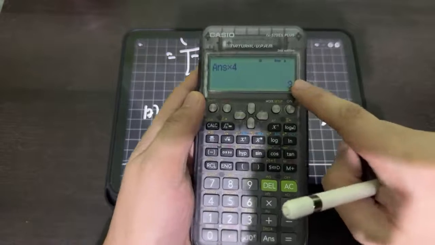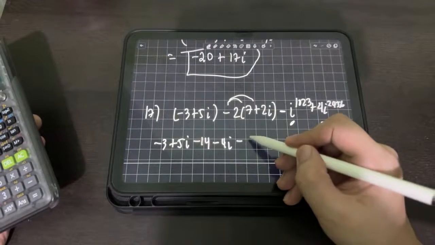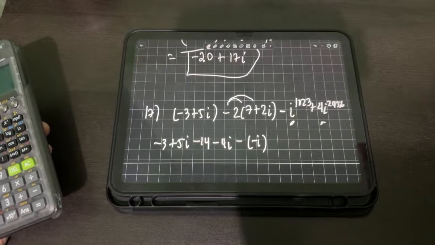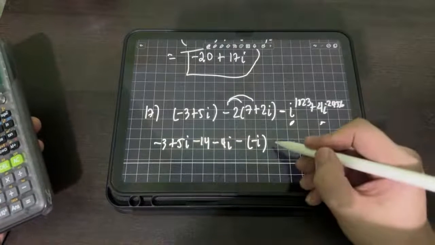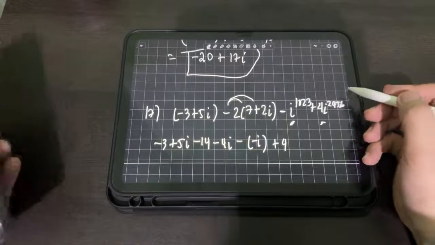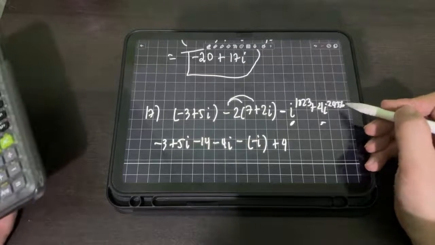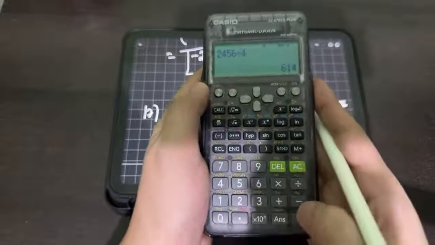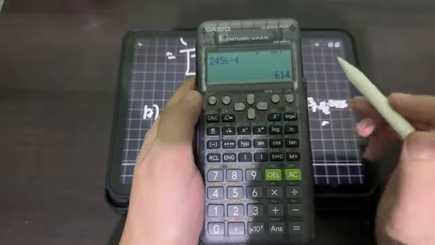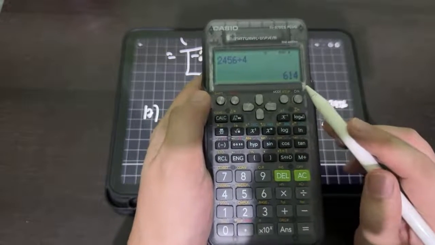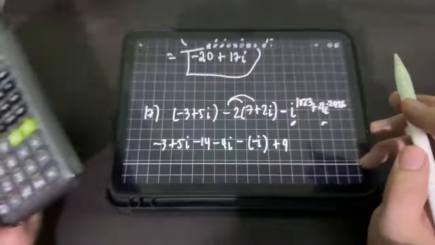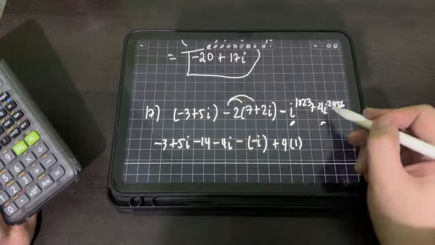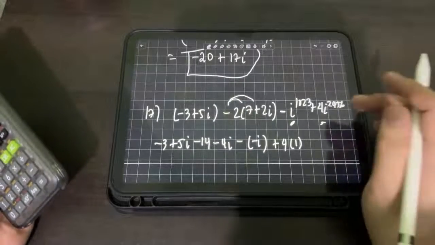Okay, the remainder is 3. So therefore, it is equivalent to negative i based on the pattern, right? Next, plus 4i to the 2456. Let's divide by 4. Okay, it's exactly equal to 614, meaning the remainder is 0. So when the remainder is 0, it means it's equal to 1 based on the patterns above, right?